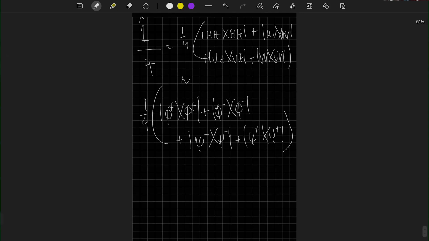So what about the state of this kind? If I have a density operator, this I know is an entangled state, correct? This is entangled because it's a pure Bell state, and a pure Bell state is entangled, and this is just the density operator for a pure Bell state.